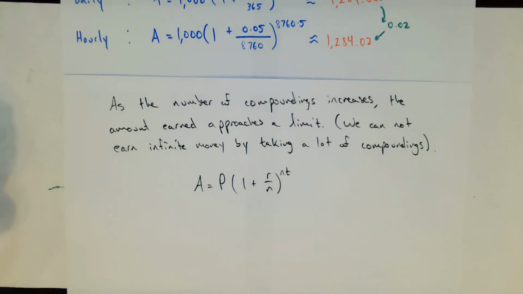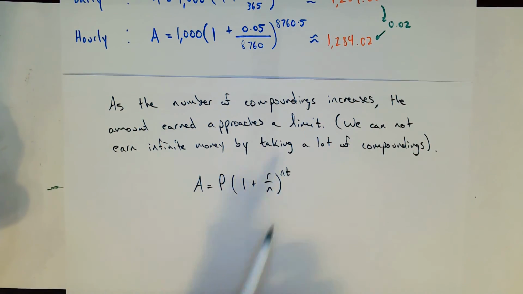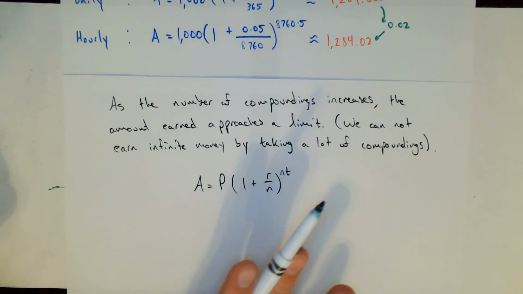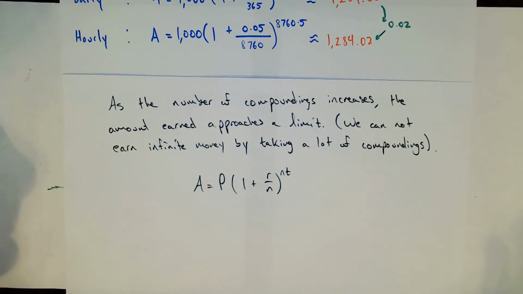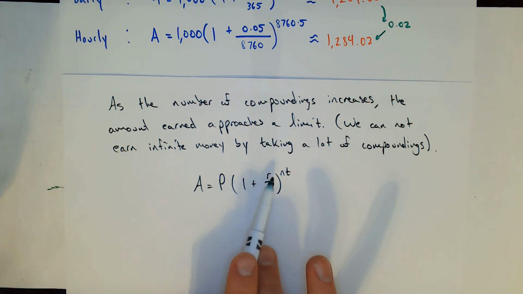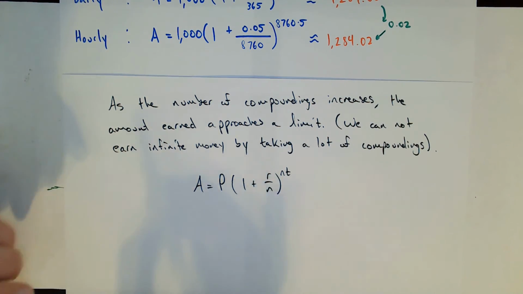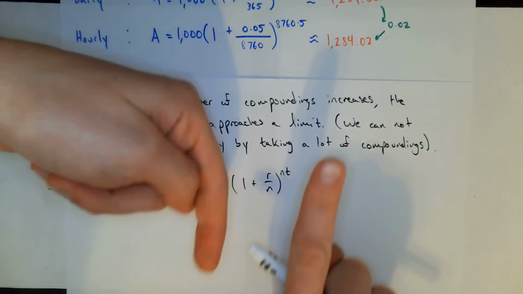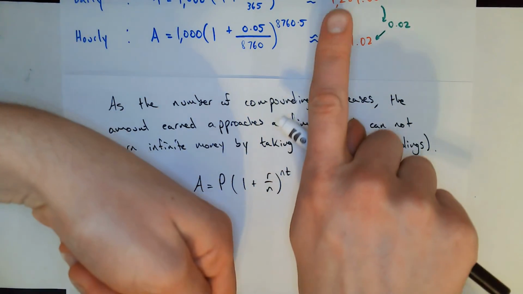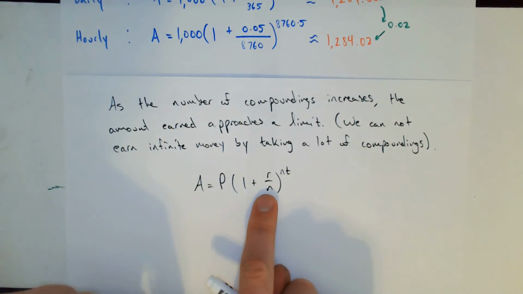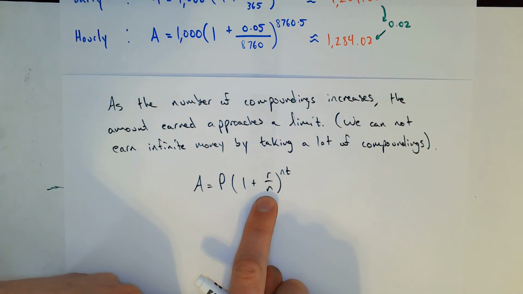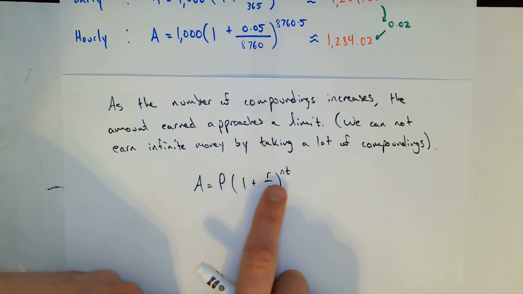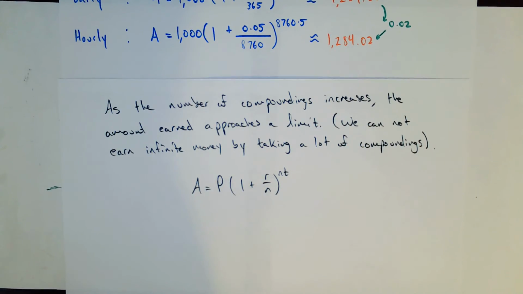As n increases, it's in the exponent position. That means it should be blowing the number up as n increases, right? But n is also in the denominator under this fraction. So n is pulling up and down at the same time. When n increases, it's making this number smaller because it's in the denominator, and it's also pulling the whole number up because it's in the exponent position.